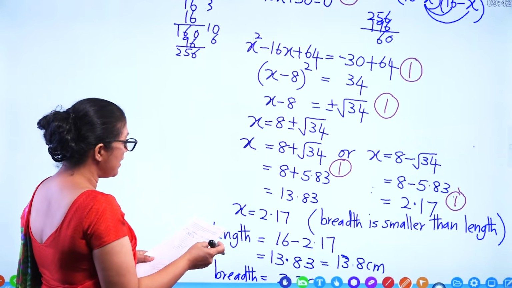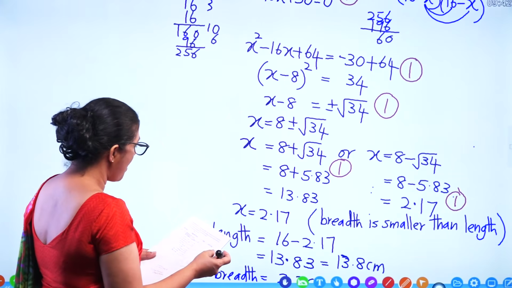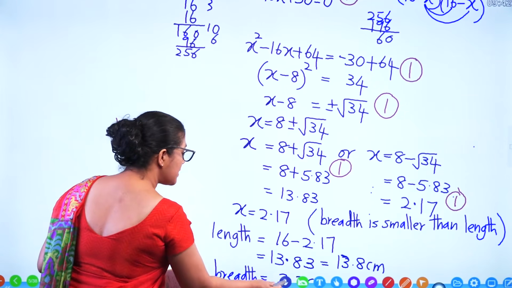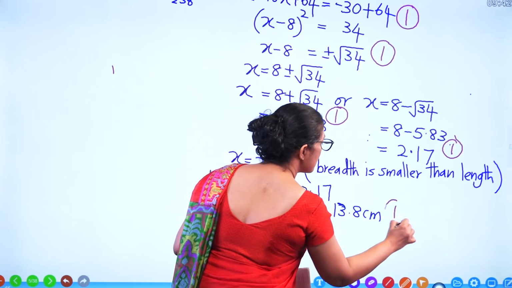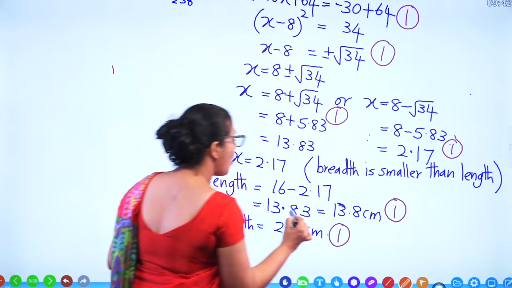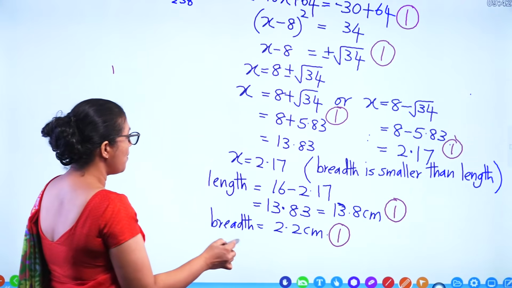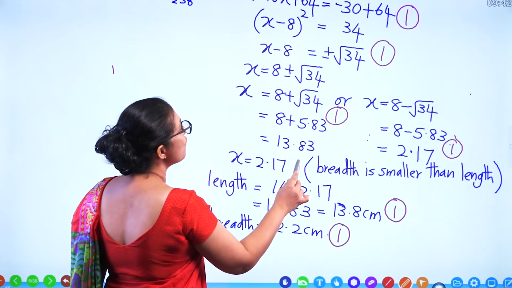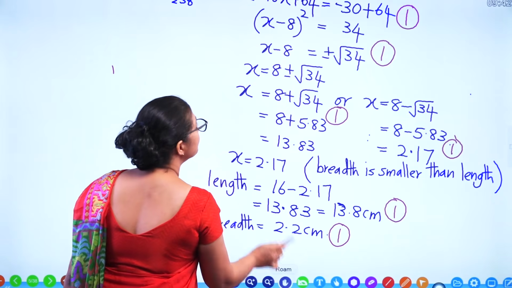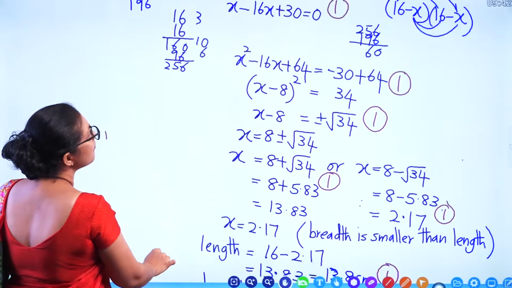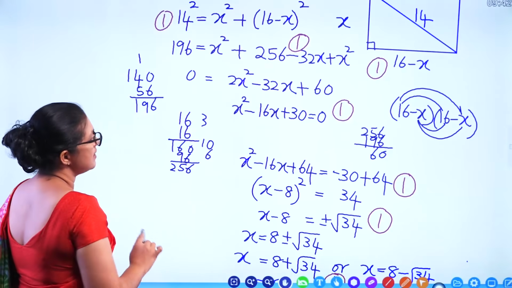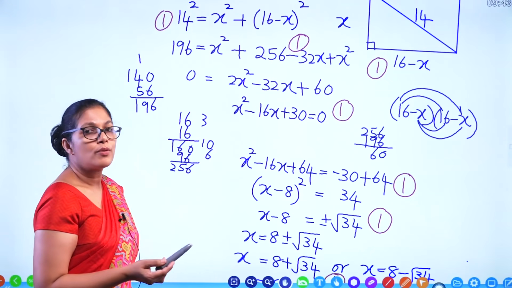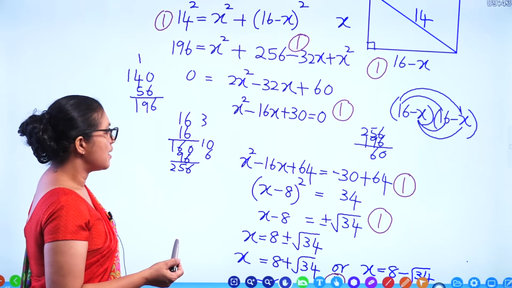And then finding length, 1 mark, correct to one decimal place, and 1 mark for this. Just check, altogether 10 marks, 1, 2, 3, 4, 5, 6, 7, 8, 9, 10. So the whole question you are getting 10 marks.